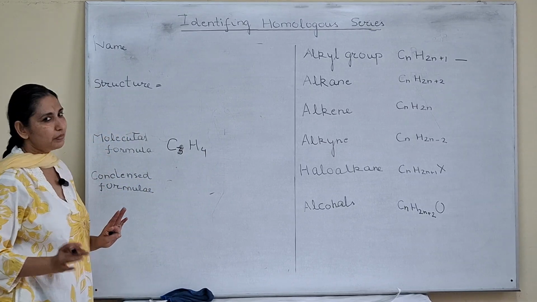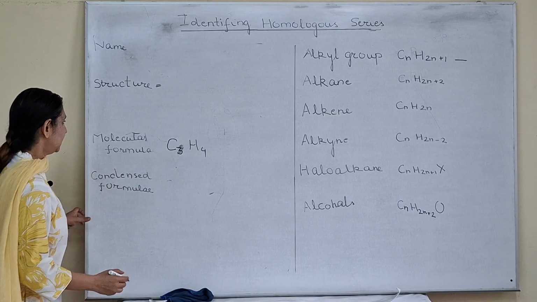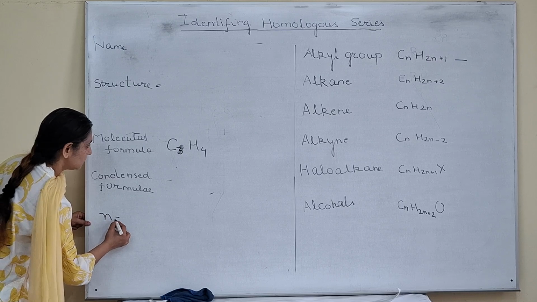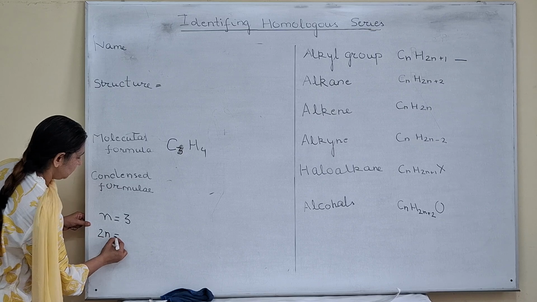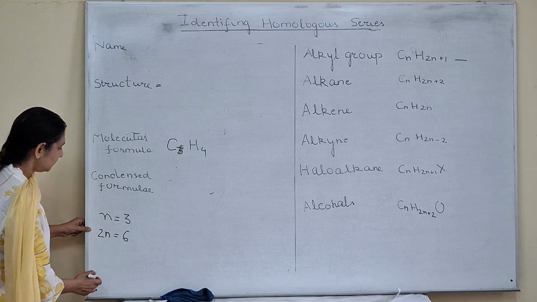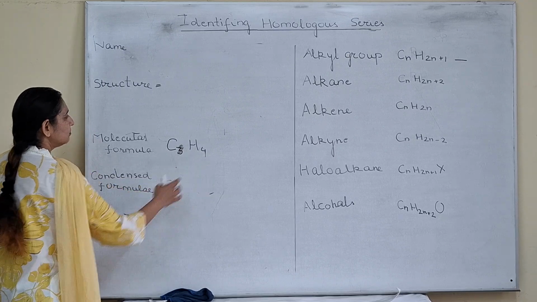Looks very weird, but इतना खराब भी नहीं है. Okay, now let's find N. N is known to us, 3. What is 2N? That is 6. You multiply 2 by both the sides. It is still not being able to match with hydrogen.